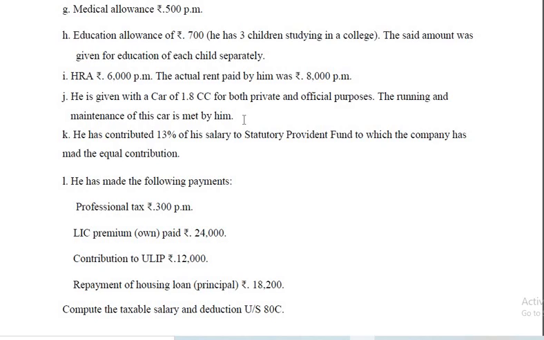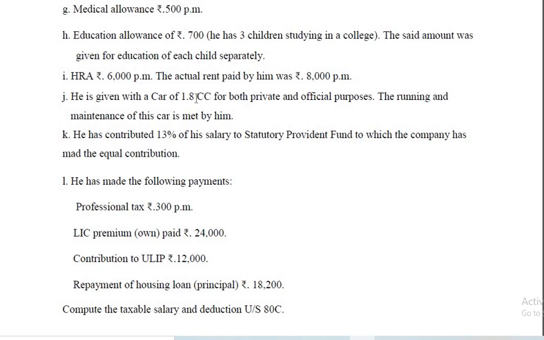Therefore, if the car is small, 600 per month is taxable, whereas if it is a bigger one, 900 per month is taxable. But if expenses are met by the company, the perquisite value would have been 1.2 for 1.8 cc, meaning a bigger car, and therefore the amount available for taxability is 2400 into 12.